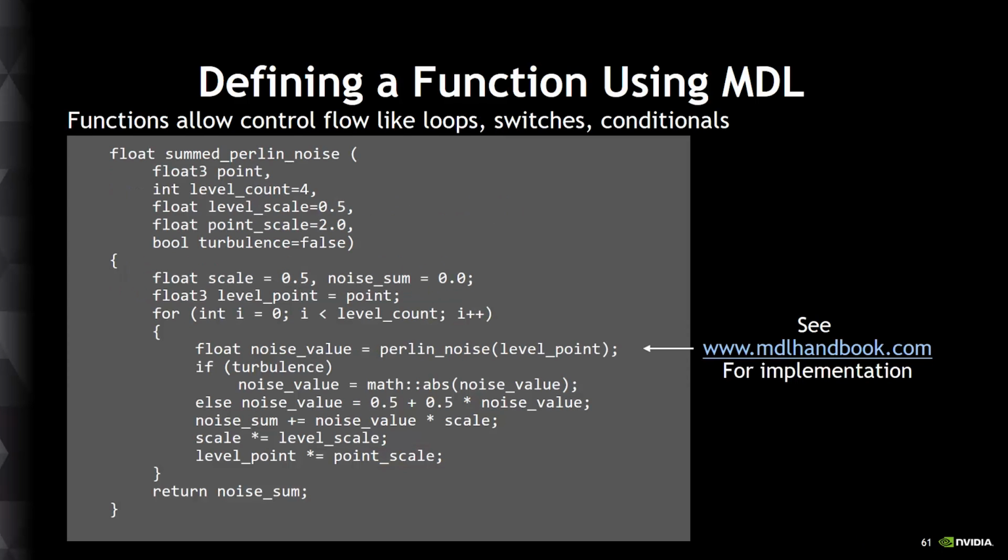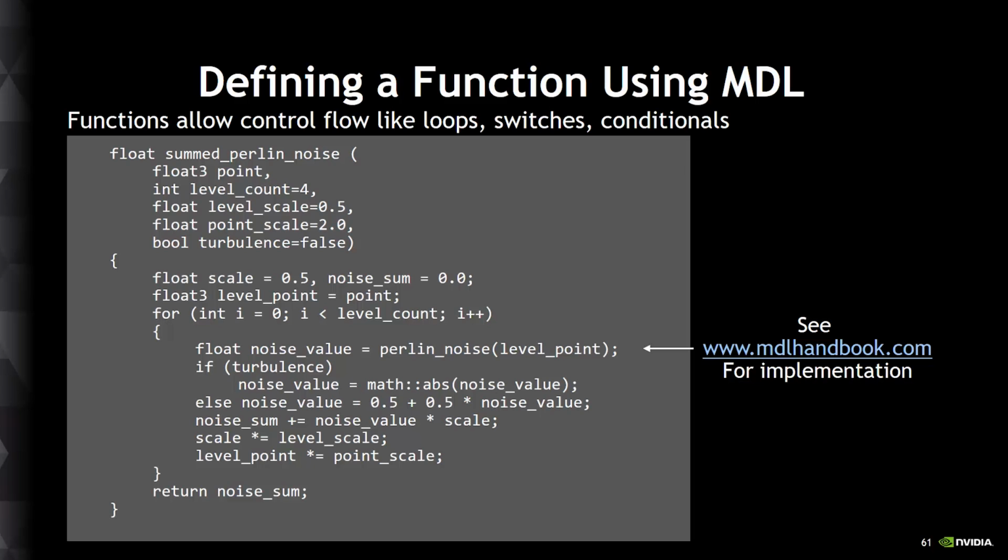So you're not limited to such simple functions. It's a full programming language. You have control flow, loops, switches, conditionals, and you can build fairly complex functionalities in MDL, in the texturing language. Here, this is essentially a port of a classic procedural texturing function from Ken Perlin.